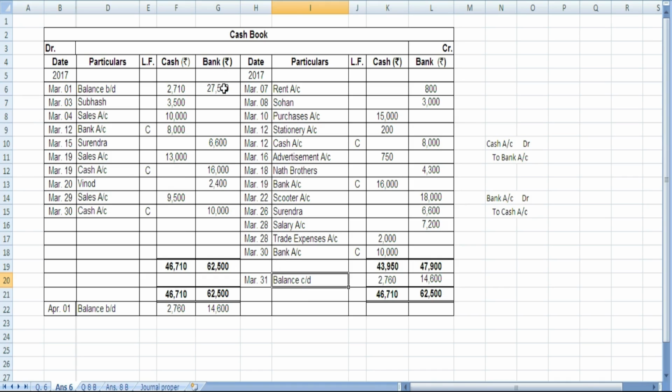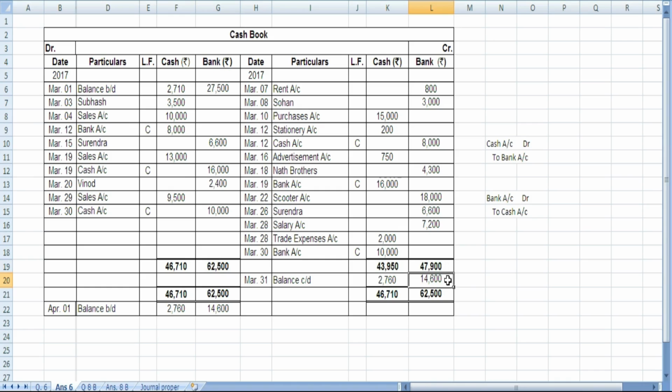Okay, same way in the bank side, this side we found it is 62,500, and when we added this side we got 47,900. So here both sides should be same. This side is more 62,500, this side is less 47,900.